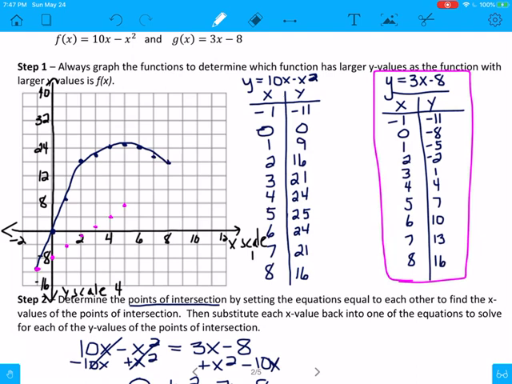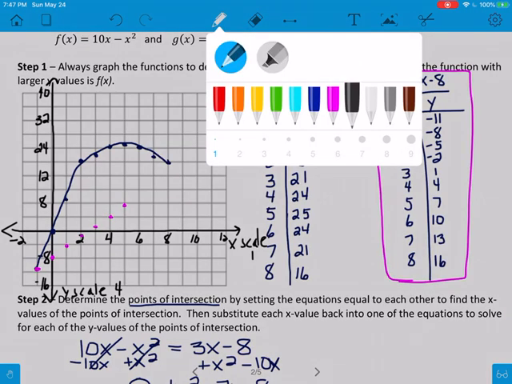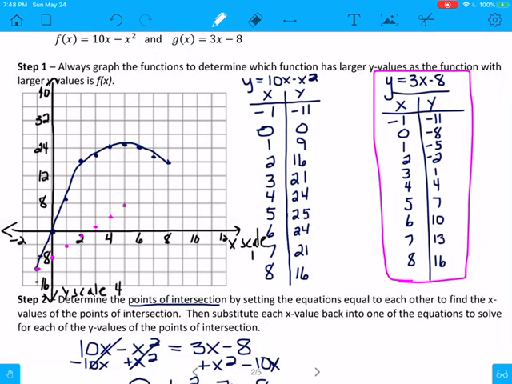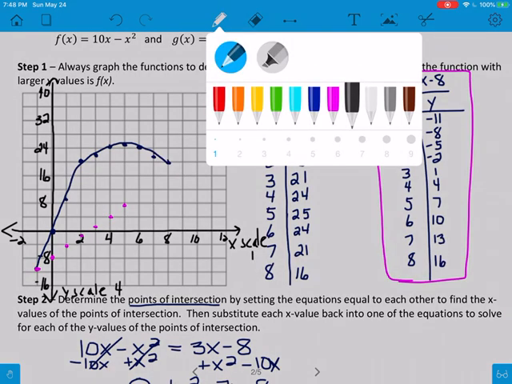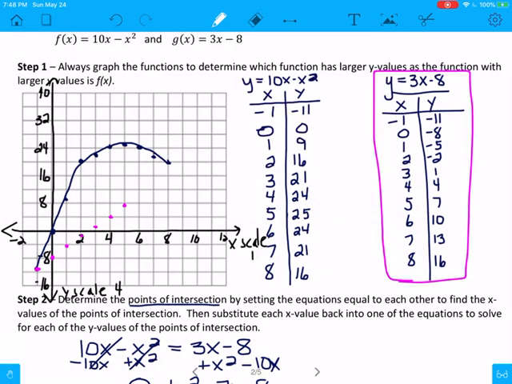Oh, this isn't 12, this is 16. Okay, 6 and 10, and then 7 and 13, and then 8 and 16.